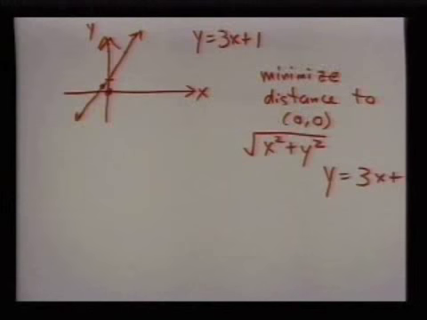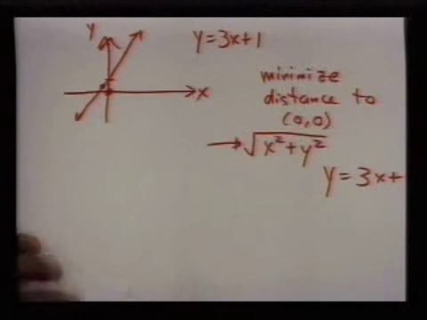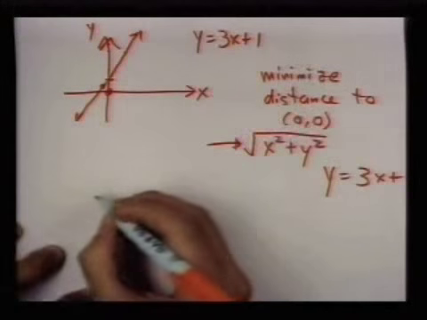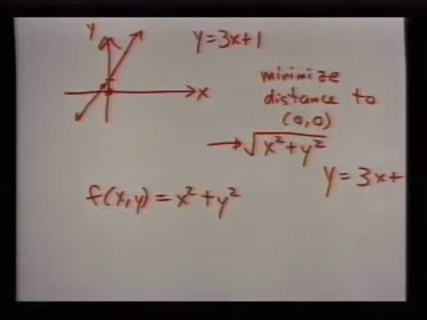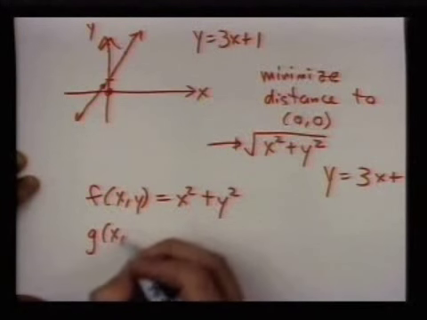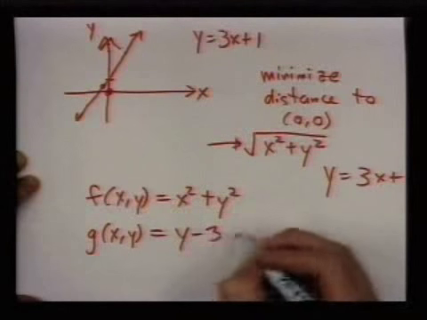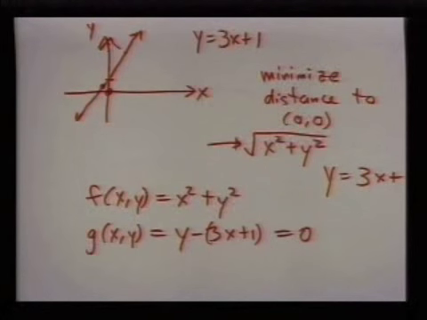Let me modify this in one way. Well, here's the equation for distance. It has this square root in there, and we can actually just drop the square root, because finding the place where the distance is the smallest is the same as finding the place where the distance squared is the smallest. So I'm going to be working with the function f of x y equals x squared plus y squared, and I want to minimize this subject to the constraint that this function g equals y minus 3x minus 1 equals 0.